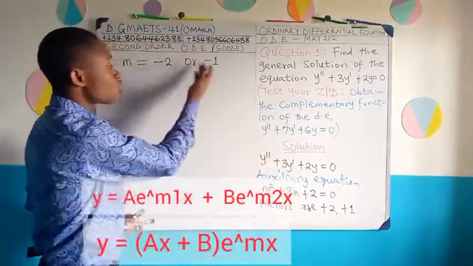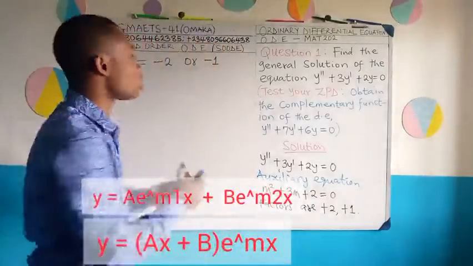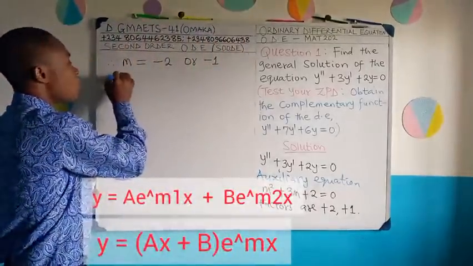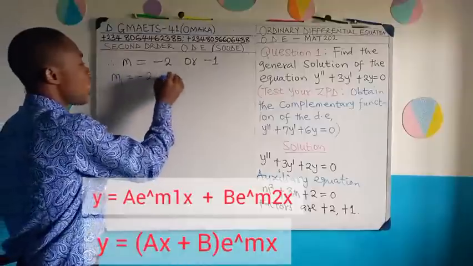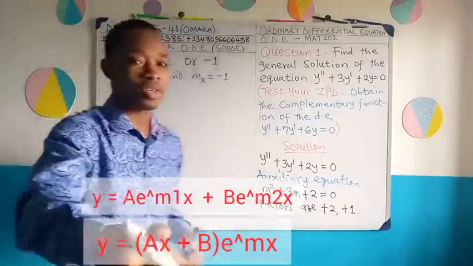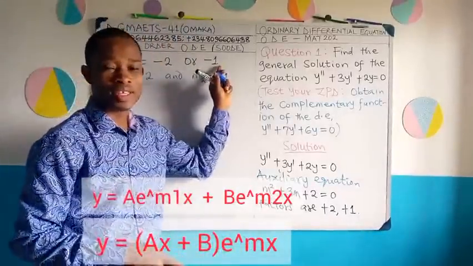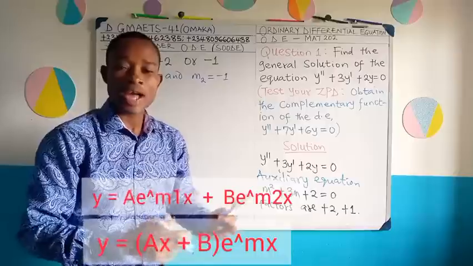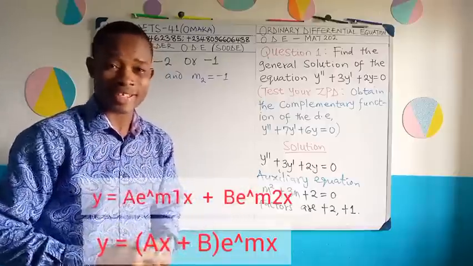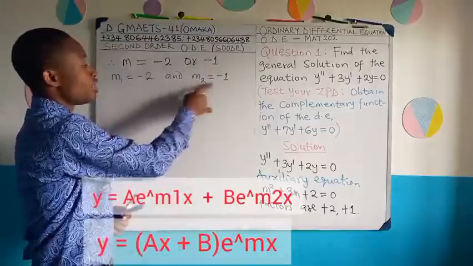If you look at this, these roots are not equal. It therefore means that m1 is not equal to m2. We could say that m1 is minus 2 and m2 is minus 1. Take note, there is no rule that m1 must be the first one and m2 the second, or that m1 must be the smaller number and m2 the bigger number. No rule like that. I could have said that m1 is minus 1 and m2 is minus 2.